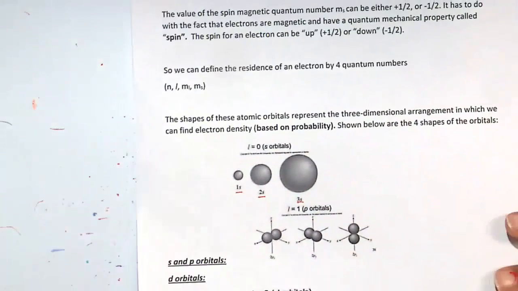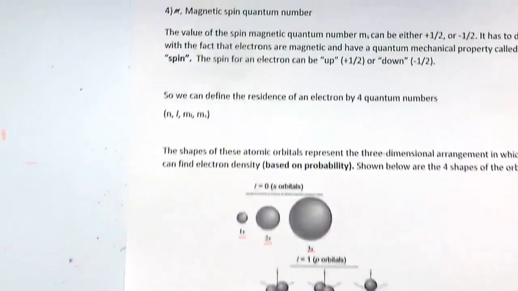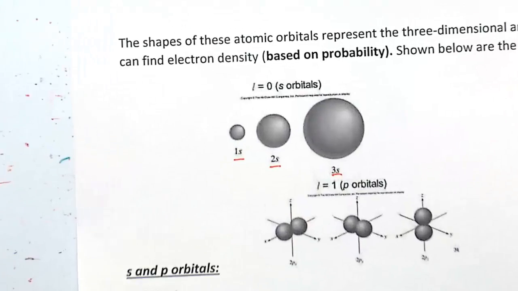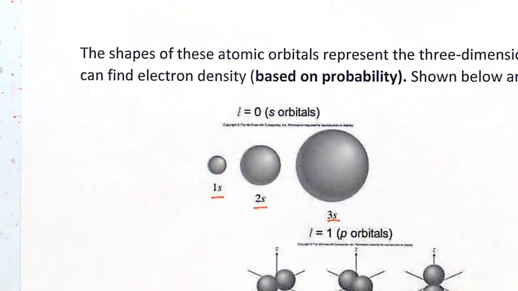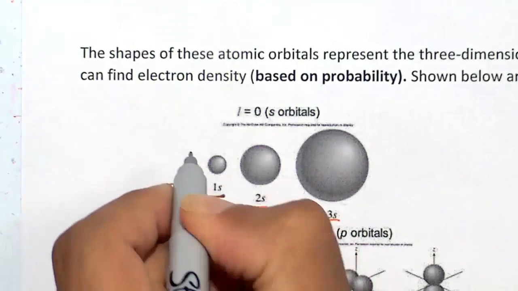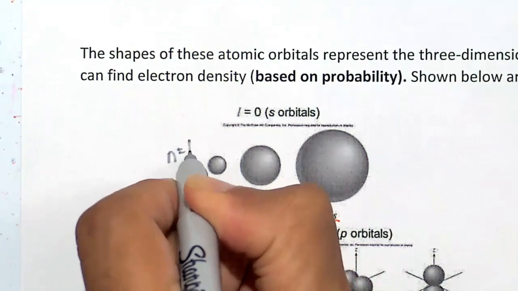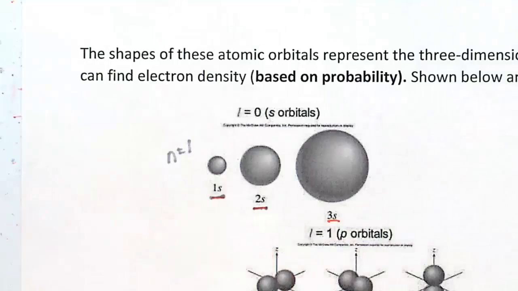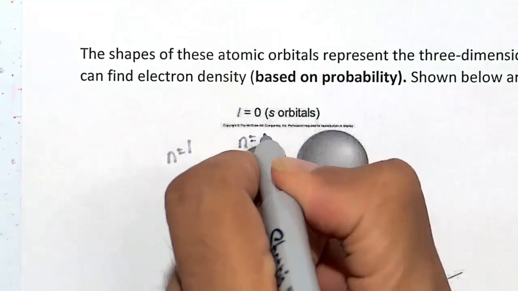So really quickly, what do these look like? The s orbital looks like a sphere. The principal quantum number for the 1s orbital is going to be 1. For a 2s orbital, n is going to be 2.